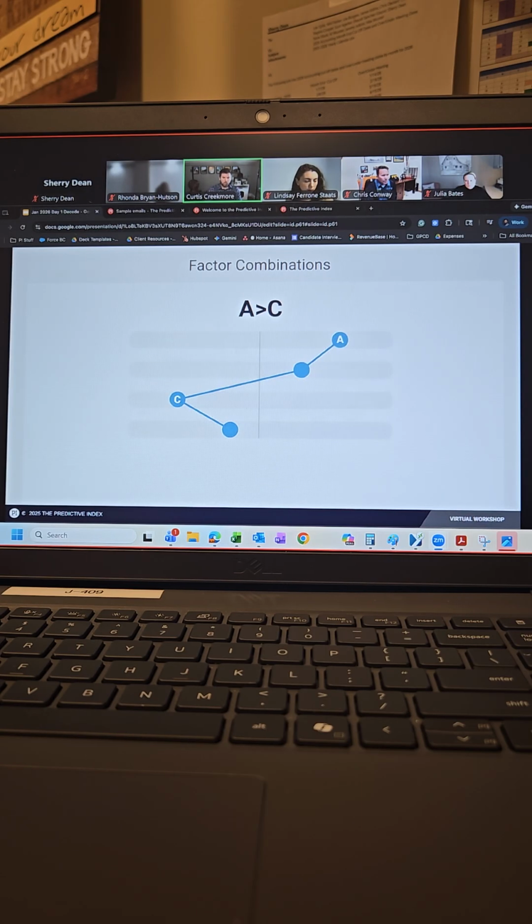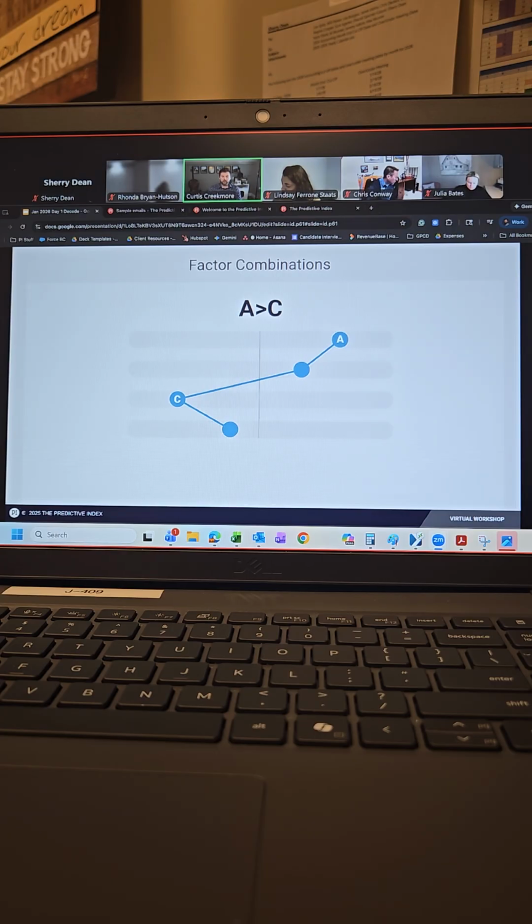Well, in this example, this person's dominance factor, their A factor, is their highest factor, so it's the farthest to the right, and their patience factor, C, is lowest, it's farthest to the left.